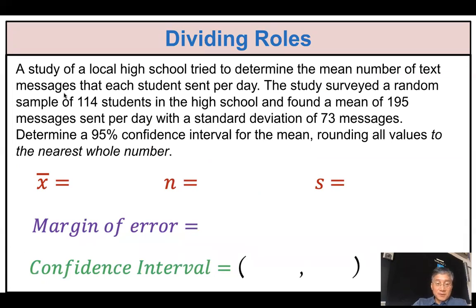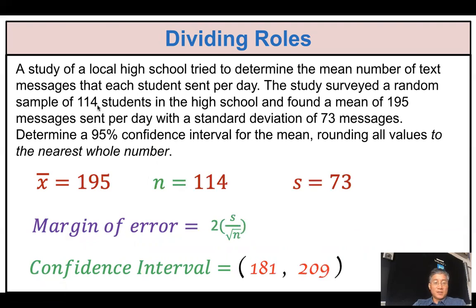From the sample, you get the mean and the 73 messages, right? Then can you find the confidence interval? From here, what's the mean? 195, right? And n is 114. The sample standard deviation from the 114 sample is 73.